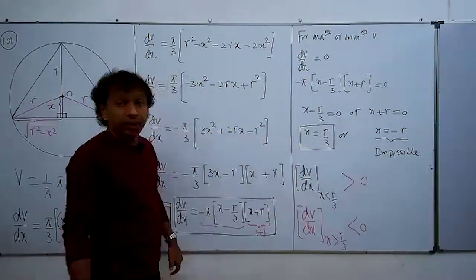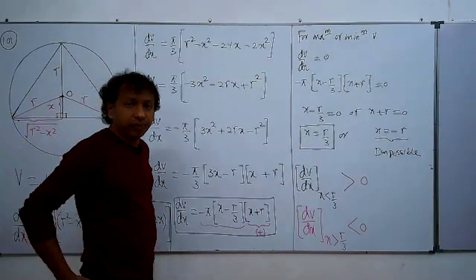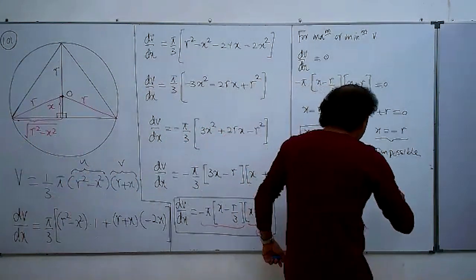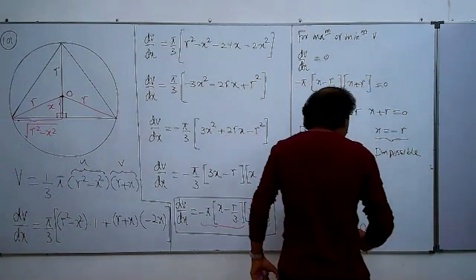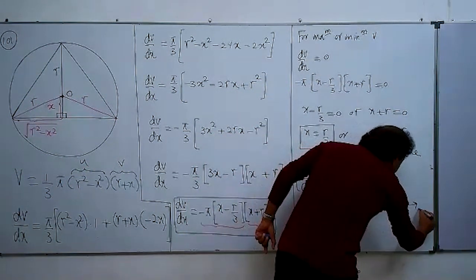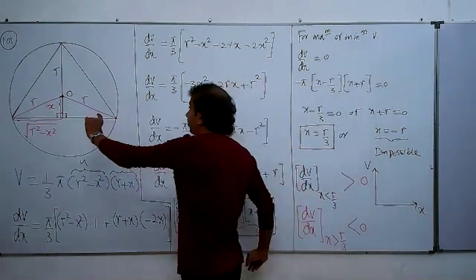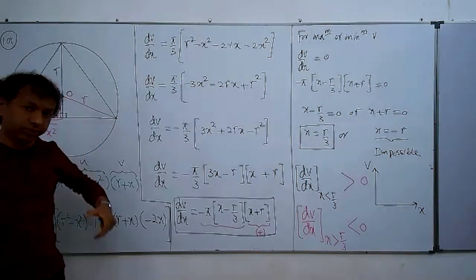Okay. Then we can very clearly see here, when we consider the graphical interpretation, this is the volume V axis and this is the x variable. By changing only this x, the volume of the cone changes.